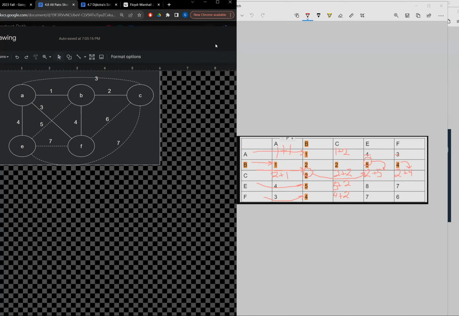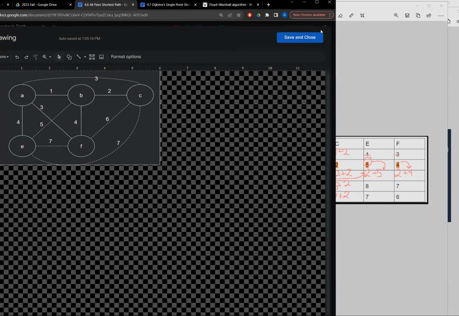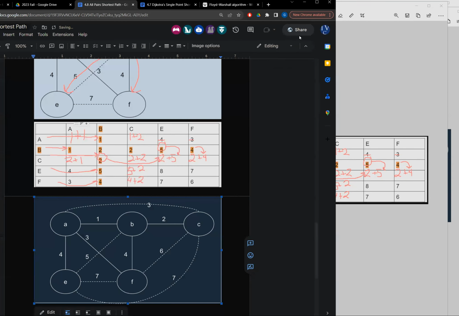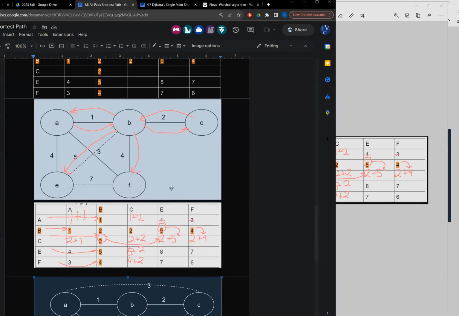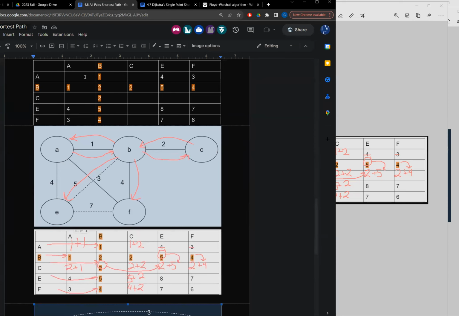All right. Yeah, it doesn't stop until after every vertex has been updated or processed, right? Triple loop.